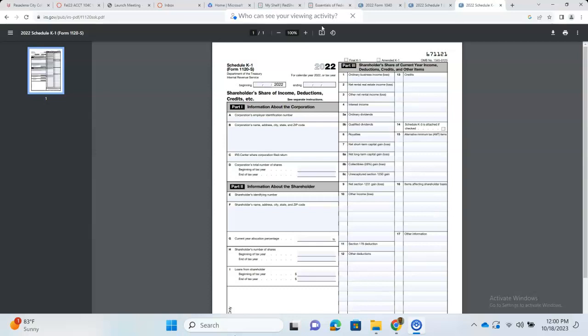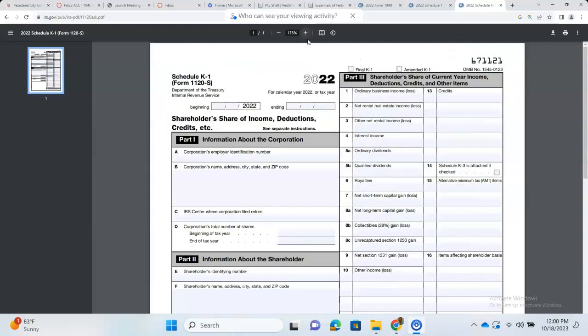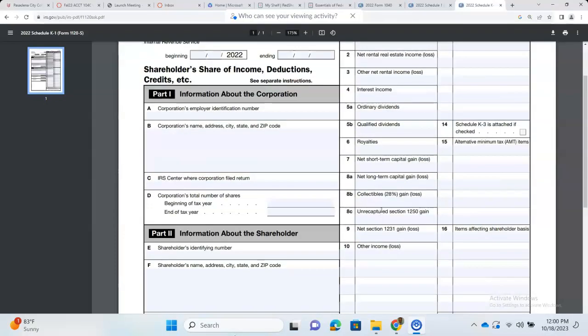For example, if you look at, let me make it bigger here. For example, if you have short-term capital gain or loss, that will be in line 7. Yes, you have $100,000 of income, but no, you're not going to say, oh, 100,000 times 20%, that's $20,000 of QBI in Form 1040. No, if you have line 7 something, that $100,000 is going to be less.